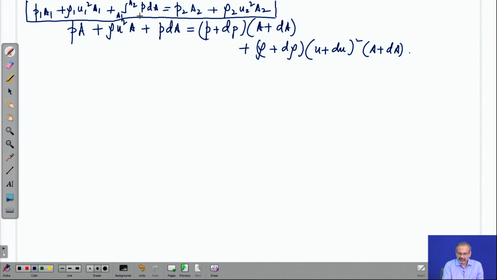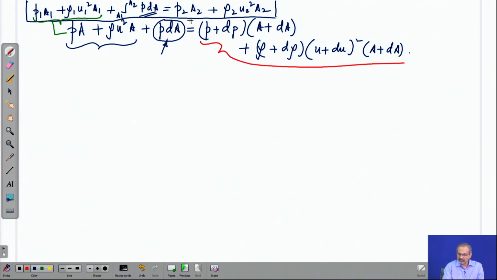Notice that integral p dA term here becomes much simplified. It is just p times dA, and it is the pressure times that change in area which is working out for the differential control volume. Other terms of course are easy to understand. For example, this term, it corresponds to this summation, while these two terms correspond to these two terms here.